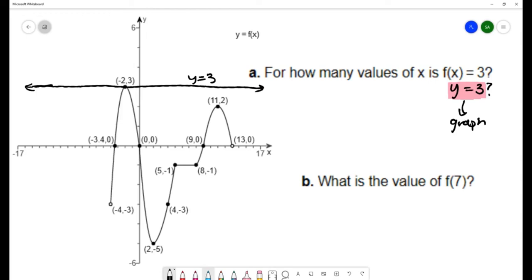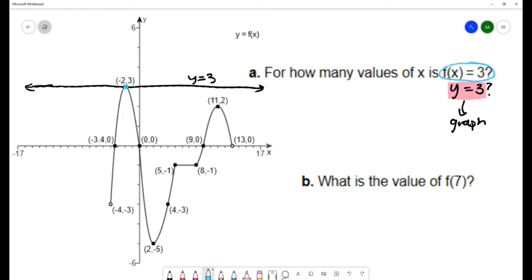We can see that there's only one point on our graph that falls on that horizontal line. So there's only going to be one point on our graph where y is equal to 3.